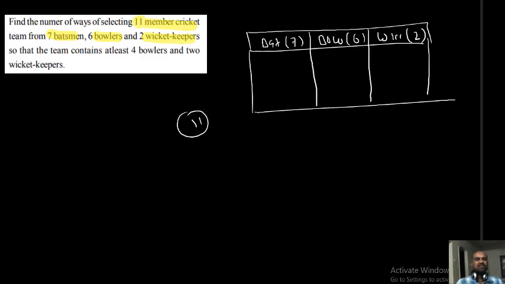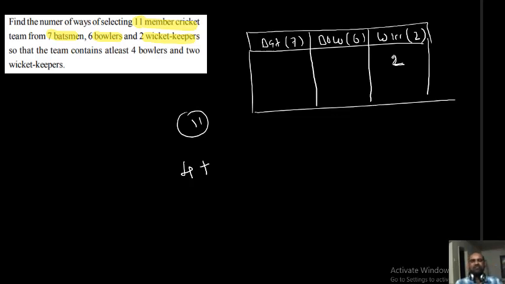The condition is at least 4 bowlers, that is, 4 or more than 4 bowlers. And 2 wicket keepers, so that the team contains at least 4 bowlers and 2 wicket keepers. 2 wicket keepers are compulsory, and bowlers are 4 or more.